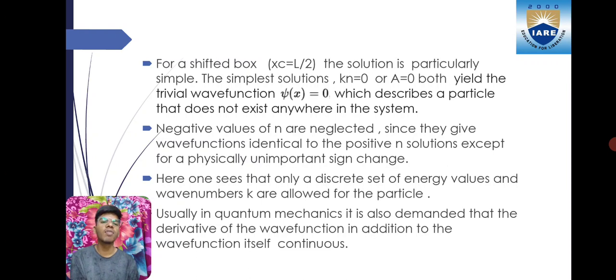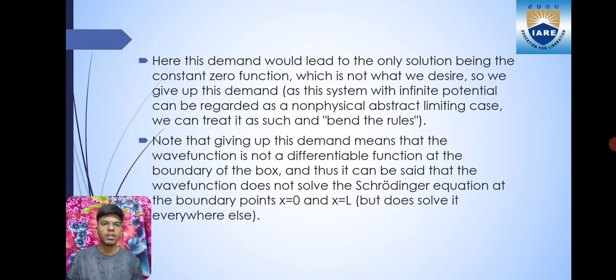Usually in quantum mechanics, it is also demanded that the wave function itself be continuous. Here this demand could lead to the only solution being the constant zero function, which is not what we desire.